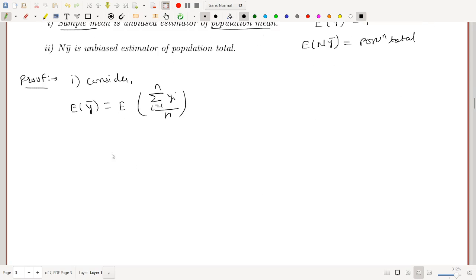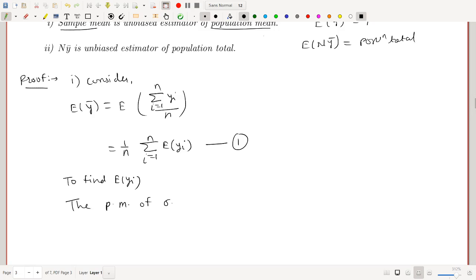Here 1 upon small n is constant, so we can write 1 upon n summation, take expectation inside this summation, so this will be 1 upon n summation i running from 1 to n expected value of yi. So this is your equation number 1. To find expected value of yi, we must know the PMF of yi.